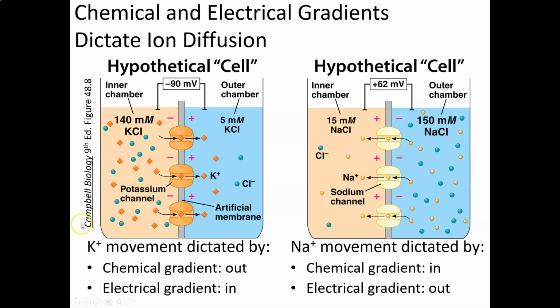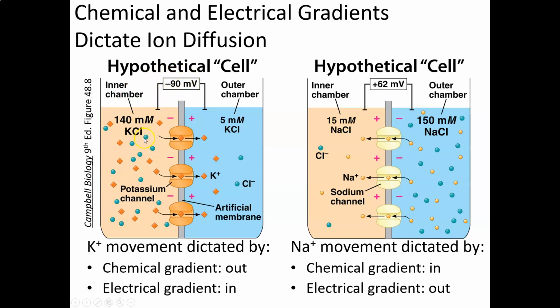And through the process of what we call electrostatic attraction, the positively charged potassium ions are eventually going to be held inside by the negative charge of the cell. When that happens, that's called the equilibrium potential. And the equilibrium potential for potassium, here's a number you ought to memorize, is minus 90 millivolts.